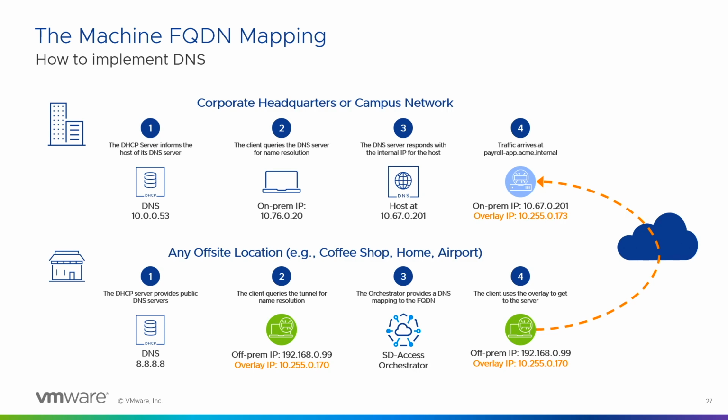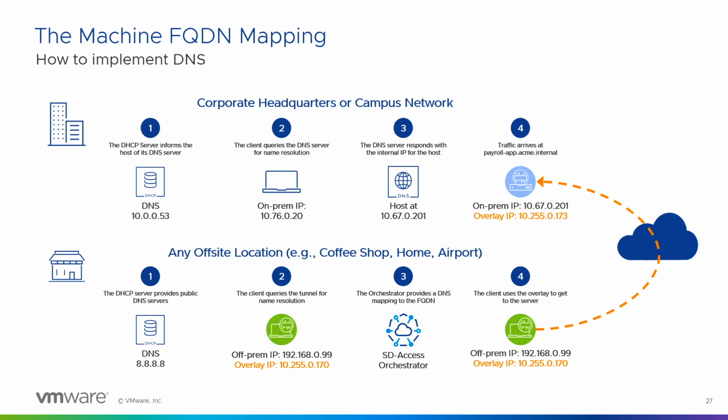And so once you get your on-premises IP, in this example 10.76.0.20, and you query for that payroll app to the 10.0.0.53 DNS server on your network, you're going to be informed of where that host is, and your campus infrastructure is going to get you to that application. Whether it's directly there or you have to go through an SD-WAN appliance, your routing's already been plumbed and taken care of for you.